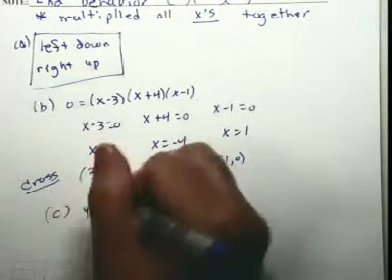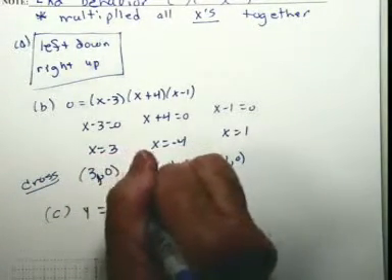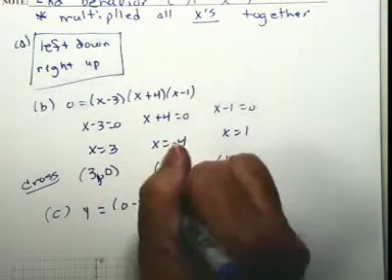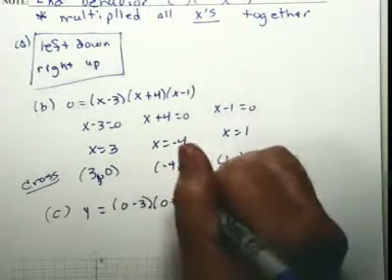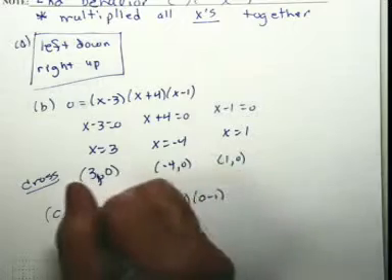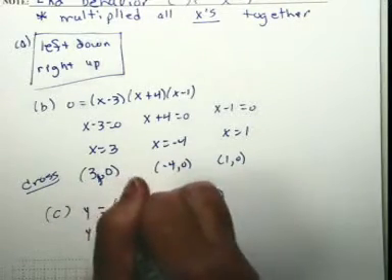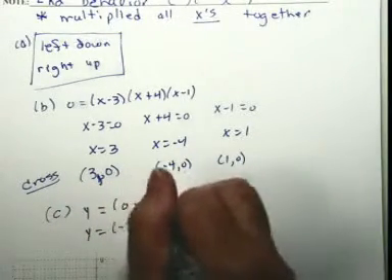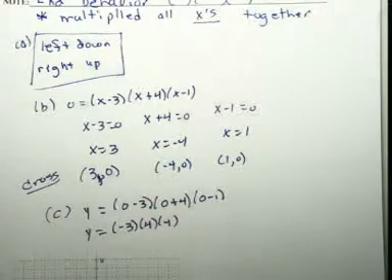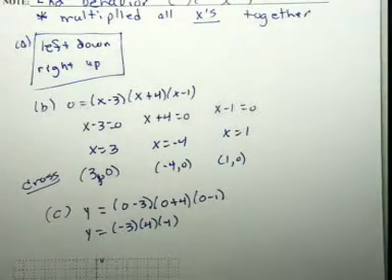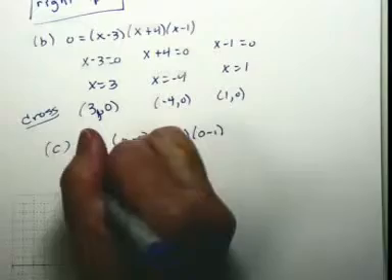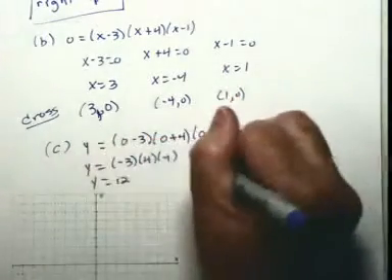Now, if you let x be 0, I have 0 minus 3, 0 plus 4, and 0 minus 1. And here, I have to multiply all of these together, and y is 12.